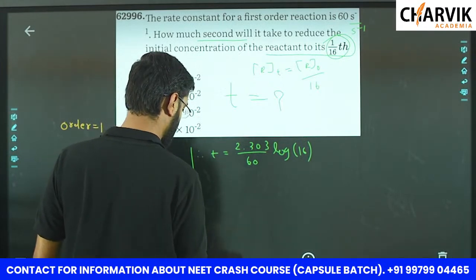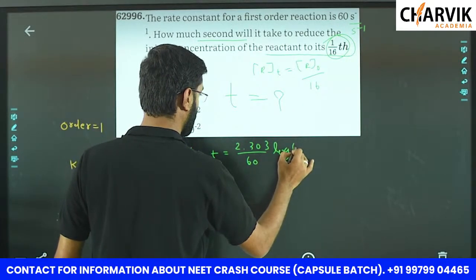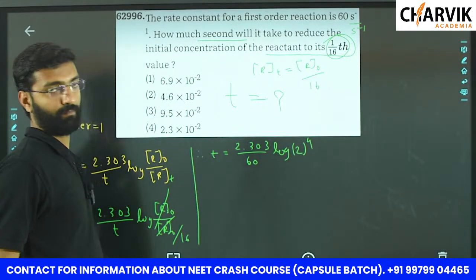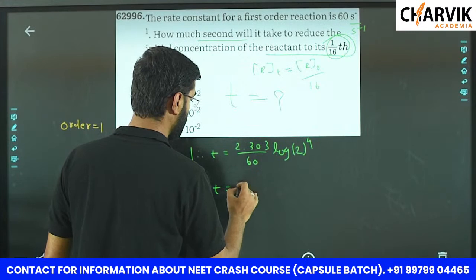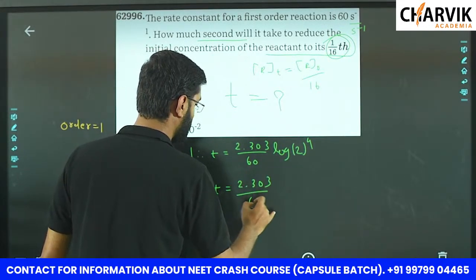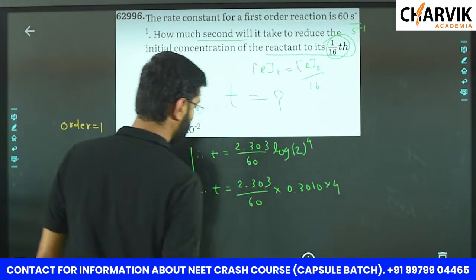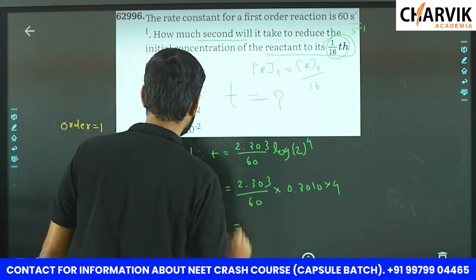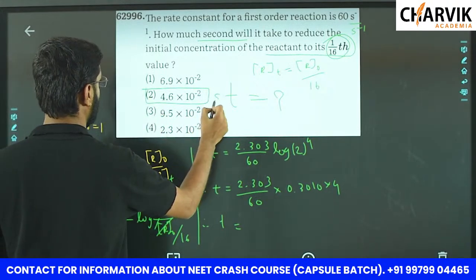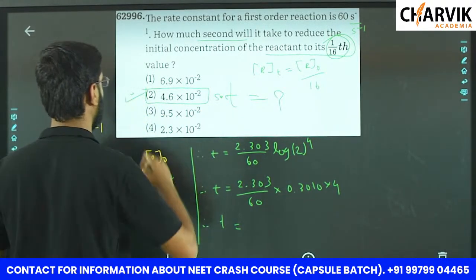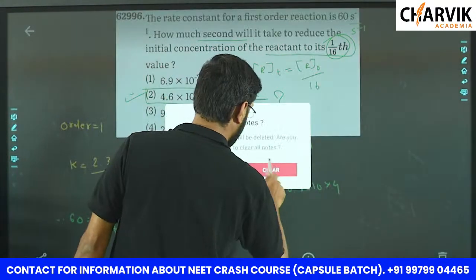And log 16 means log 2 raised to 4. So time will be 2.303 upon 60 and value of log 2 is 0.3010 into 4, and your final answer becomes 4.6 into 10 raised to minus 2. This is your correct answer. Right? Okay, move to next question.